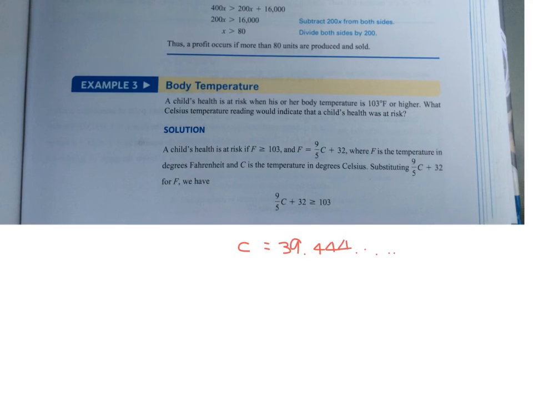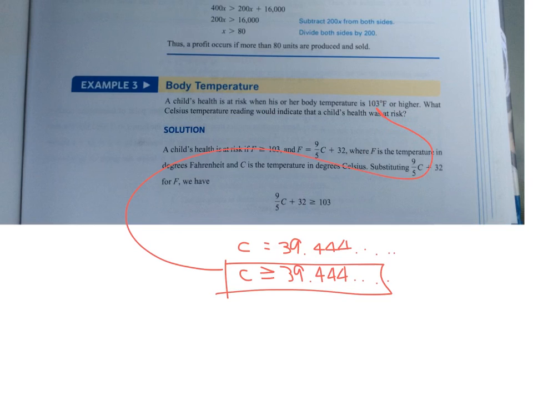When the Celsius temperature is greater than or equal to 39.444 repeating, that is when it's dangerous for a kid, because 39.44 is 103 degrees Fahrenheit.